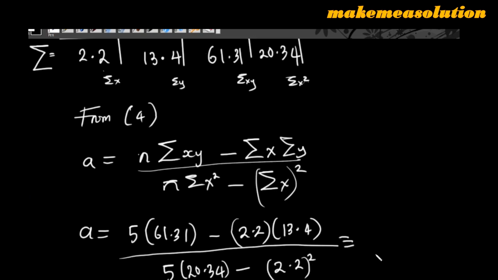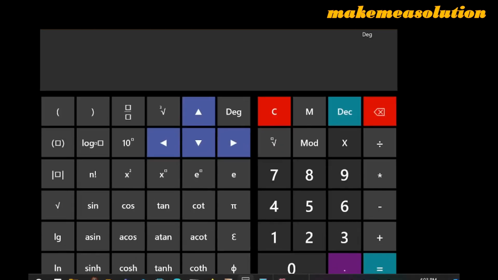Now, if you have a calculator and you punch this in very carefully, let's do it together. I can pop up my scientific calculator over here. I'll open the fraction operator.